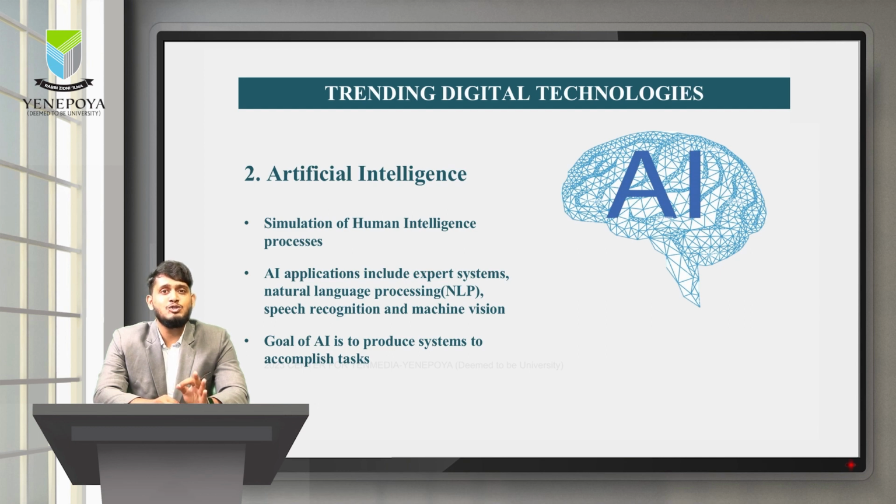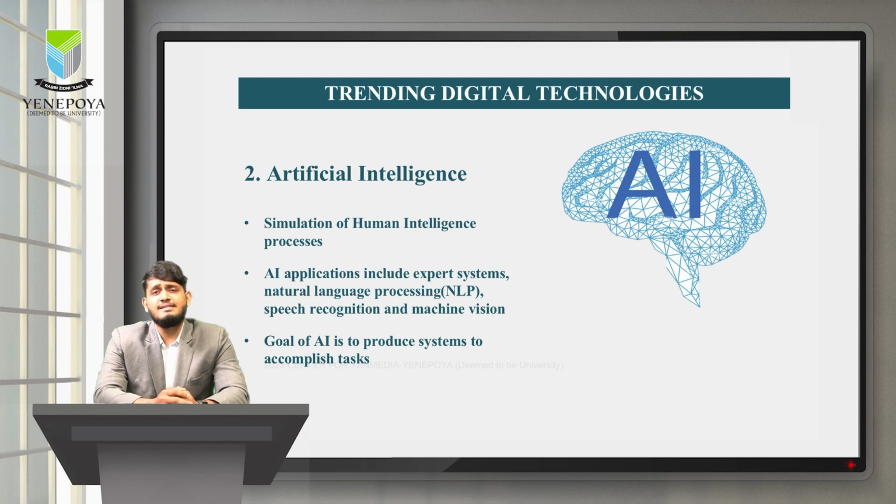It is a branch of computer science, and more precisely a division of artificial intelligence, concerned with giving computers the capability to understand text and spoken word in much the same way as human beings can. So the ultimate aim of artificial intelligence is to produce systems to accomplish tasks.